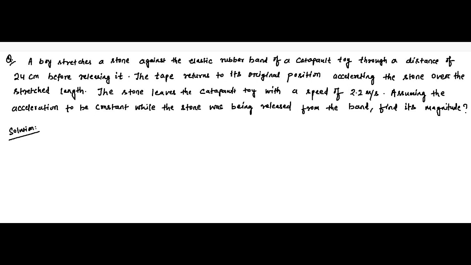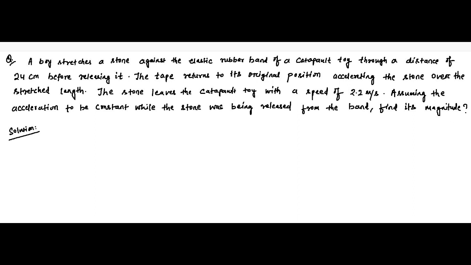The stone then leaves the catapult with a speed of 2.2 meter per second. Assuming the acceleration to be constant while the stone was being released from the band, we have to find its magnitude. Such a lengthy question, but let us try to understand what we have to do.